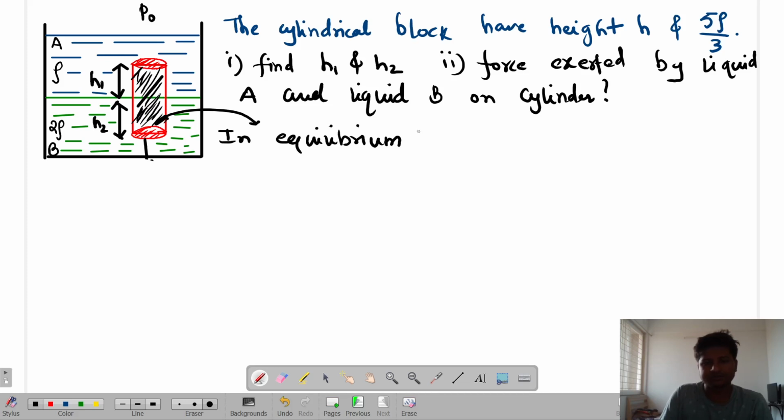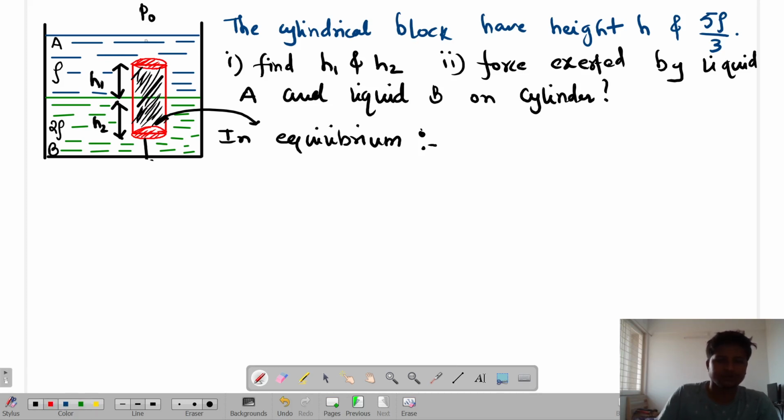Look carefully. One of the most important things to understand in this question. If we want to find H1 and H2, what should we think? F net is equal to mg, correct? Buoyancy force is equal to mg, but how many buoyancy forces are there? That's the biggest thing to understand over here.